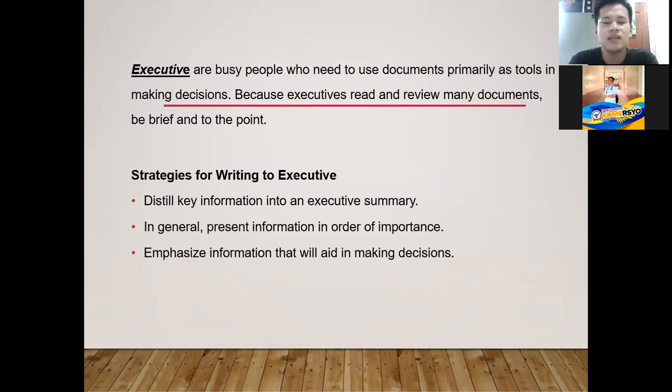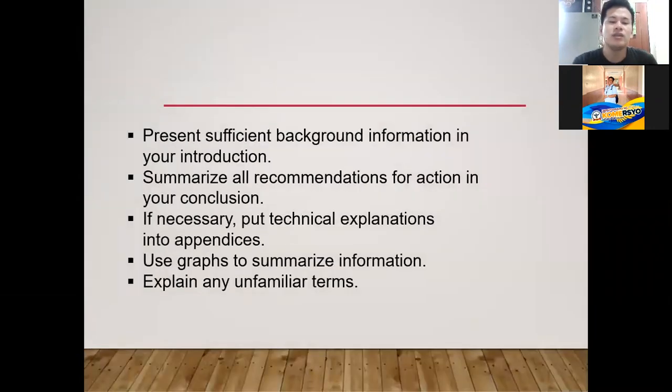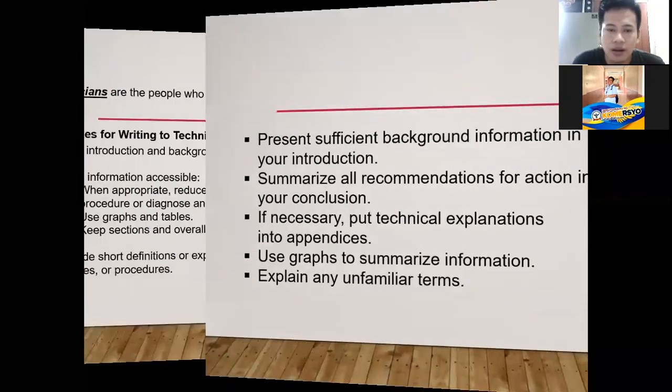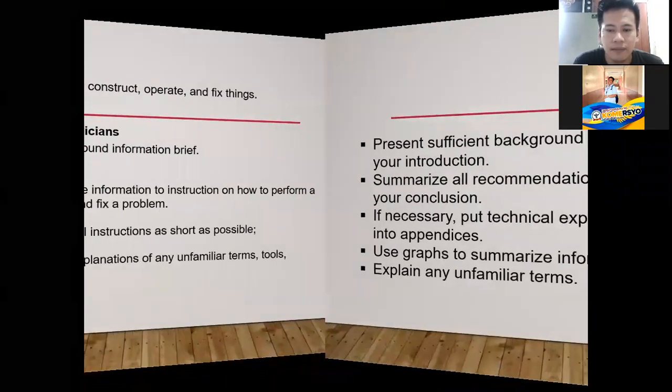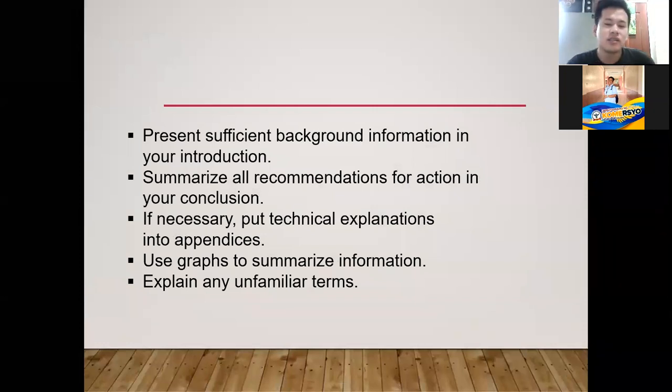Then emphasize information that will aid in making decisions. Present sufficient background information in your introduction, summarize all recommendations for action in your conclusion. If necessary, put technical explanations into appendices. Use graphs to summarize information, explain any unfamiliar terms.